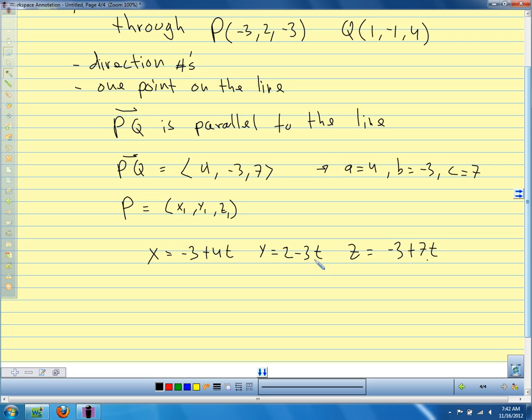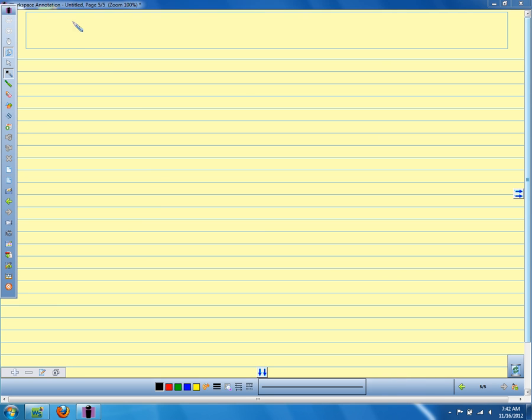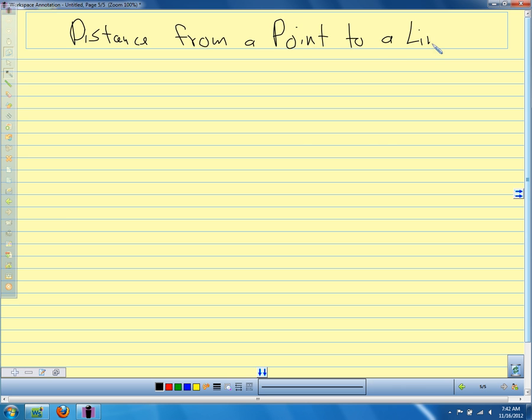All right, let's talk about how we find the distance from a point to a line. So I'll start out with a diagram here, and we will come up with a way to find the distance from a point to a line.